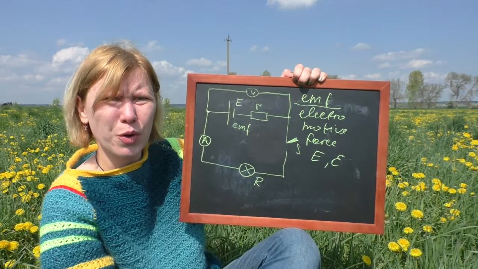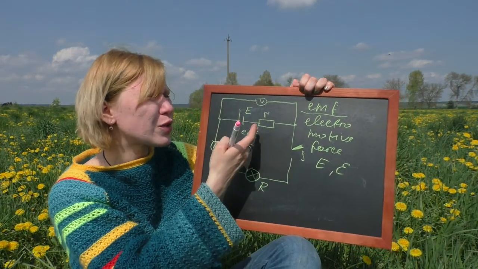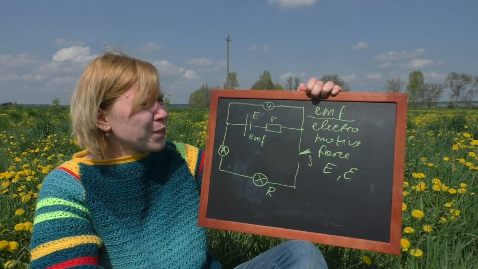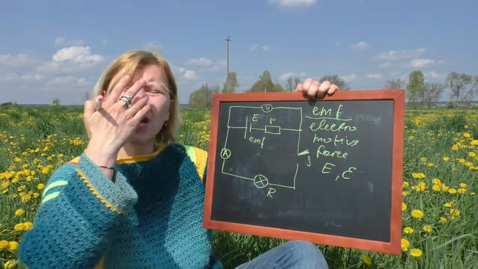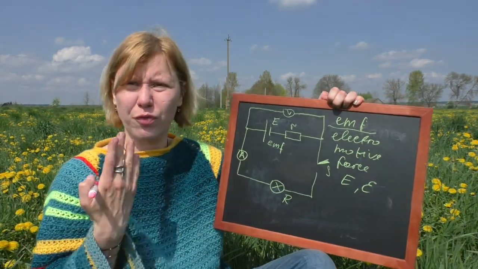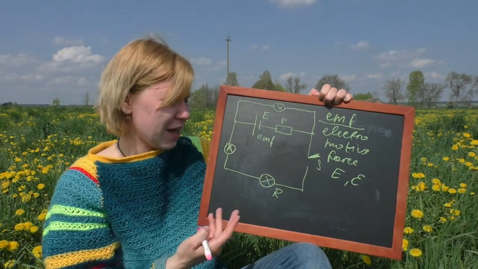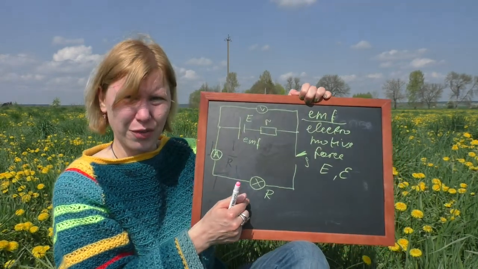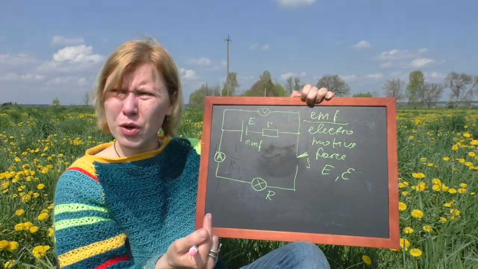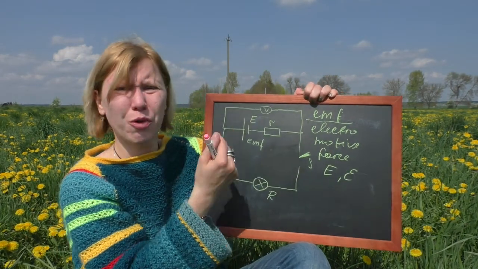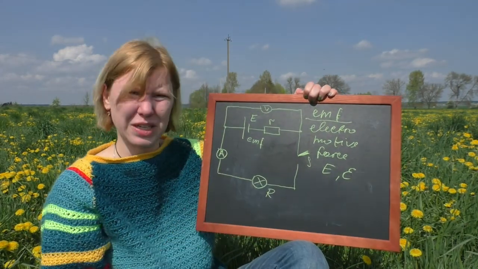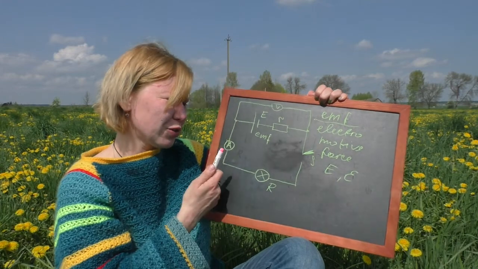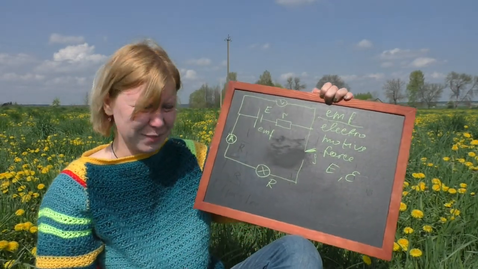But part of this voltage also goes to the internal resistor, and it means that we have real work done by this electromotive force, which, for example, gives the torch lamp light only the voltage that goes to the resistor of the torch lamp. But the voltage that goes to a small r, the internal resistance of the battery itself, is lost voltage. So it is not used to provide the real work that we need.